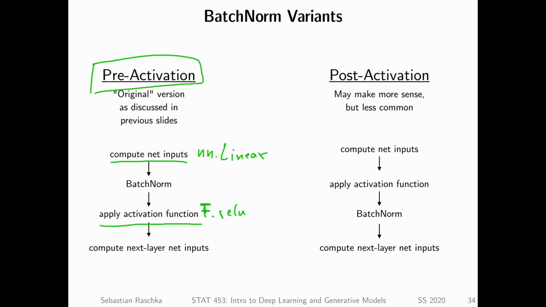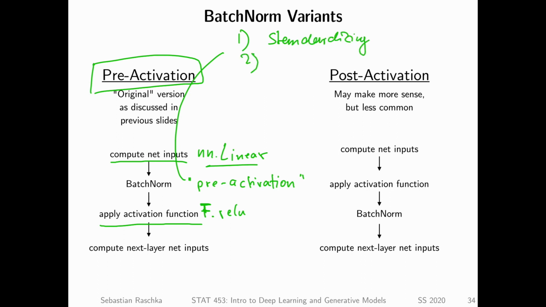We add it after we compute the net inputs, and it is also called a method for computing the pre-activation, that is, before we apply the activation function. Again, there are two steps: one, standardizing, and two, scaling by using gamma and beta, the two parameters.